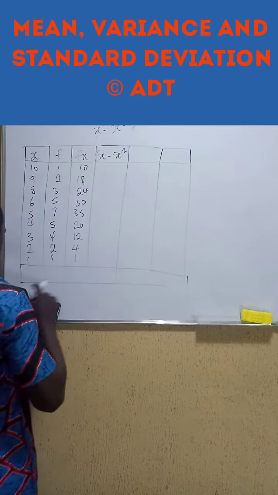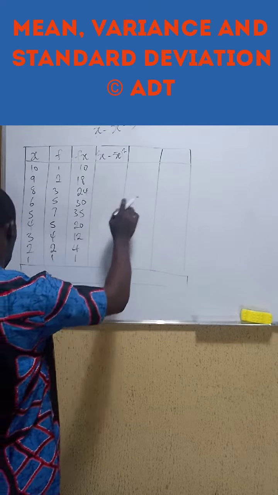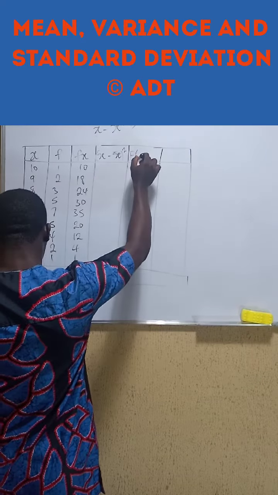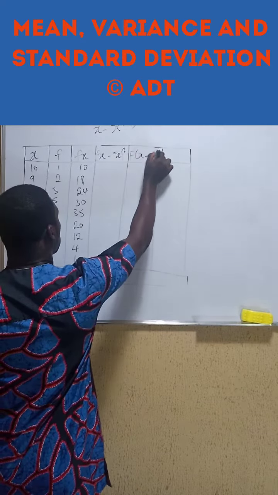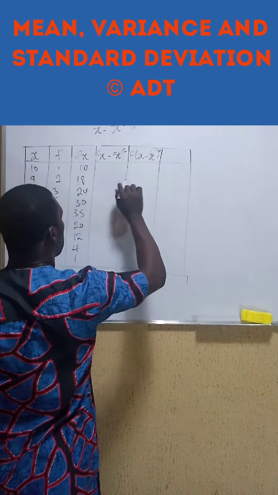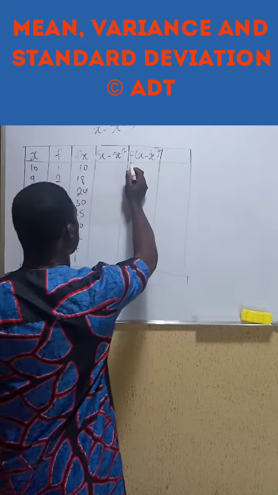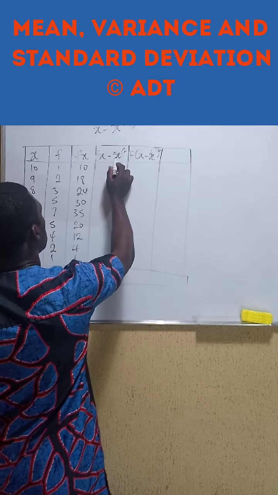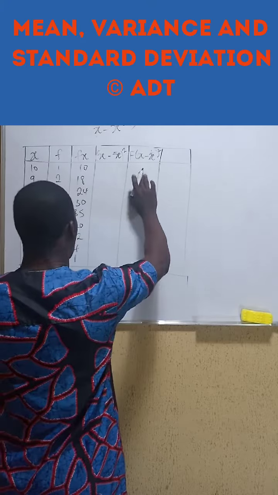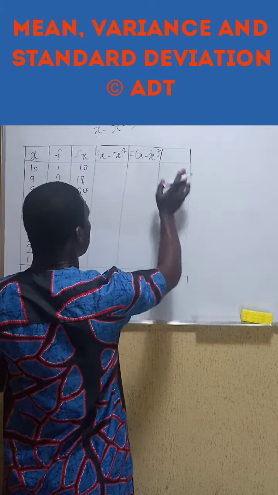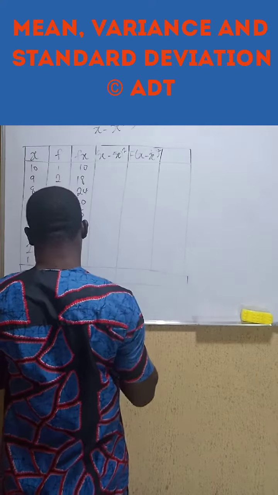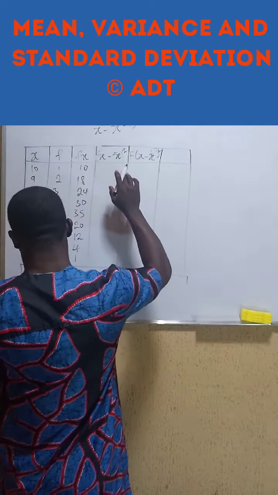We have this column vacant, nothing is there. Then we have this column, which is f multiplying this with the frequencies. That's what is going to be in this column, and that's the last one. Sorry, something is missing.